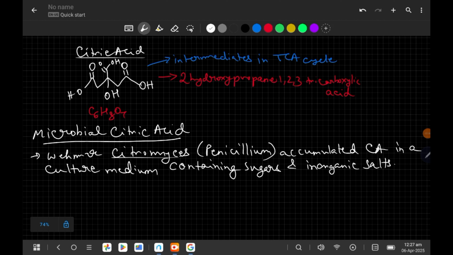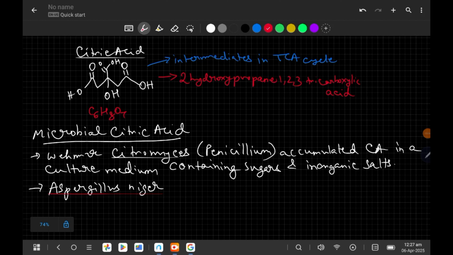So very soon people came up with other microorganisms. Most of them were strains of Aspergillus. The famous strain is Aspergillus niger. You will get to know why, because we will be dealing with it in most of the subsequent lectures.